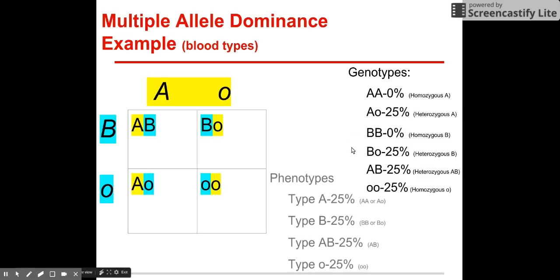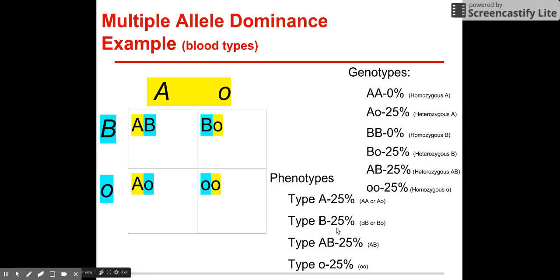And phenotypes, now instead of 3 phenotypes, we get 4 of them. Again, write all of this. I want you to write everything, even the stuff that's in parentheses. The stuff in parentheses are the genotypes that go with the phenotype. So we have 4 possibilities here. Type A, type B, type AB, and type O. Only one of our offspring was even possibly a type A. You would add together all offspring that are homozygous type A and heterozygous type A, and that gives you that percentage.